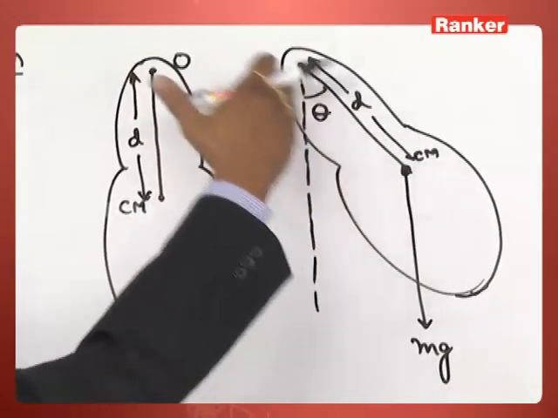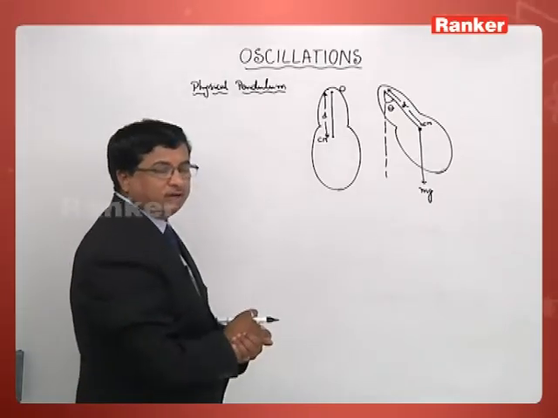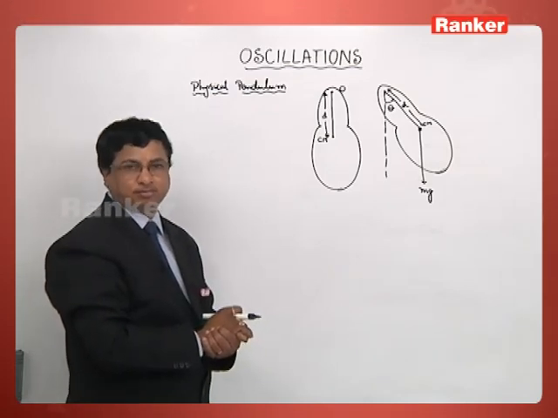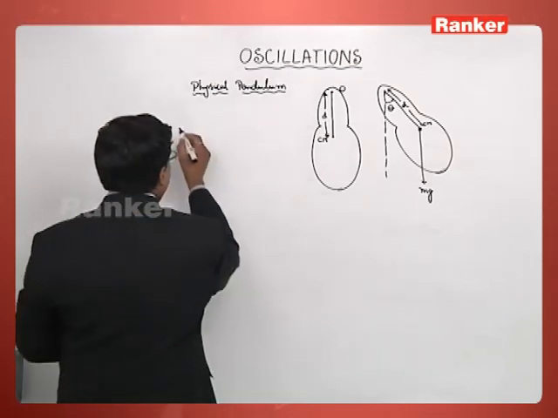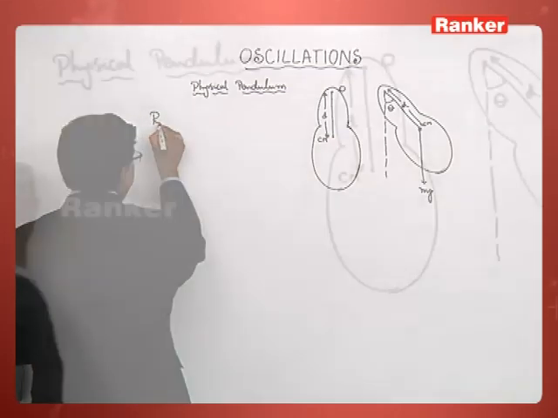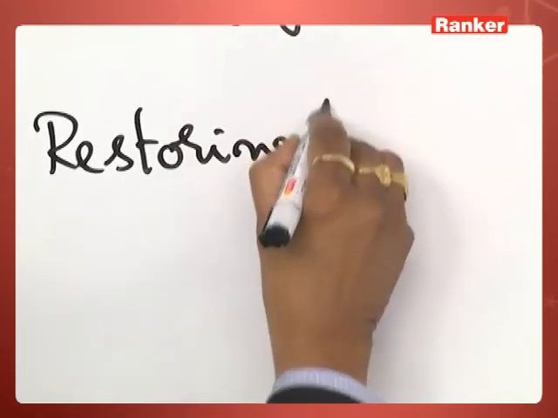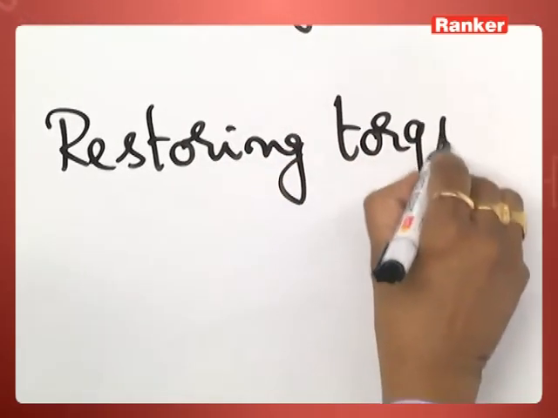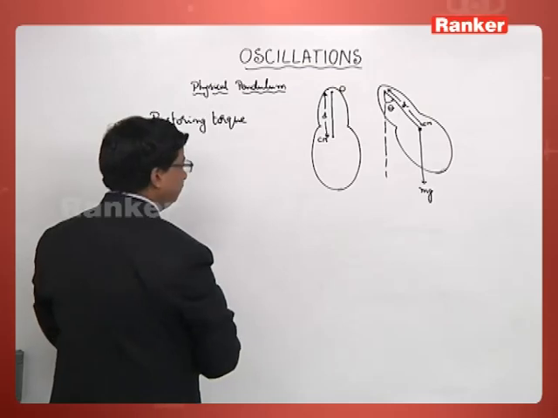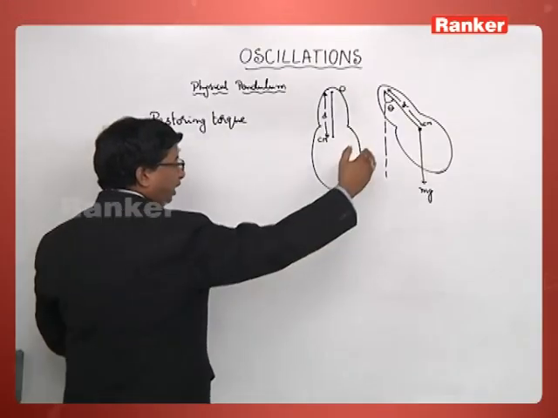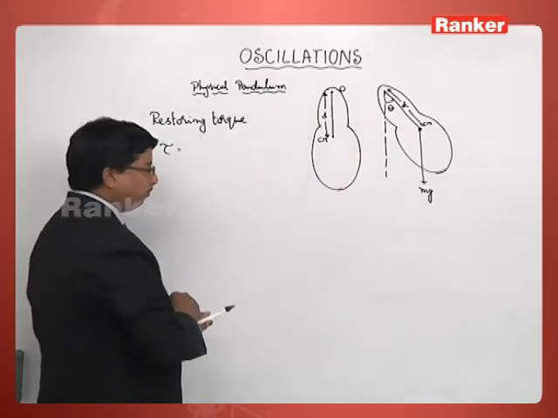And this d is the perpendicular distance at the center of mass. So, what would be the restoring torque acting on this body to bring it back to normalcy?